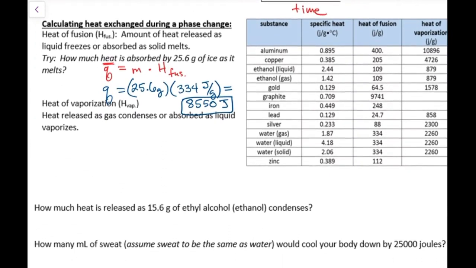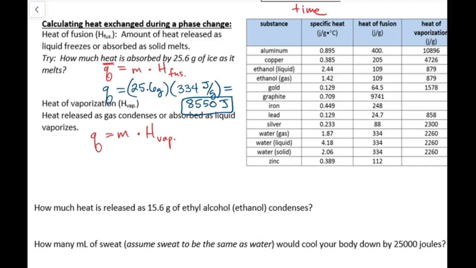So that equation is going to be just like the previous one. Q equals mass times, only this time it's going to be HVAP, or heat of vaporization. Okay. So the question is, how much heat is released as 15.6 grams of ethyl alcohol, which is ethanol, condenses?